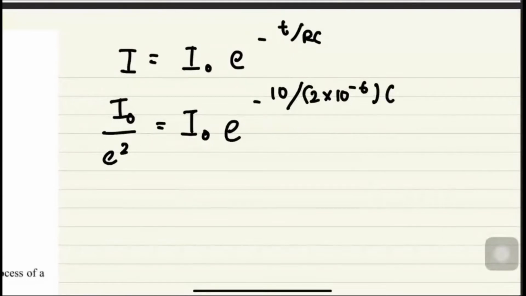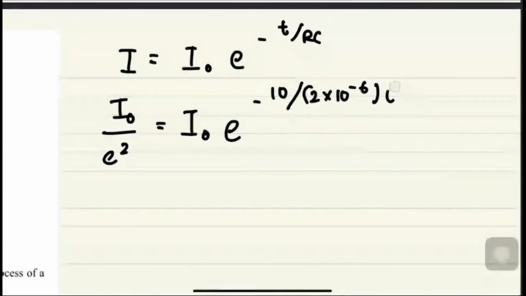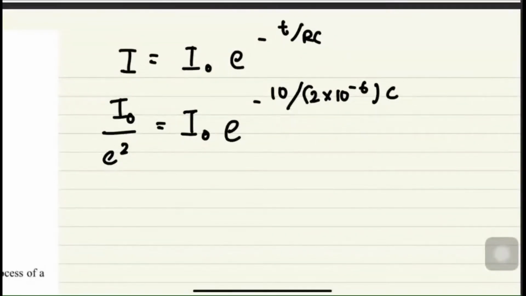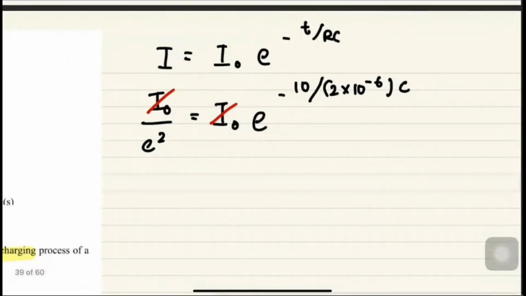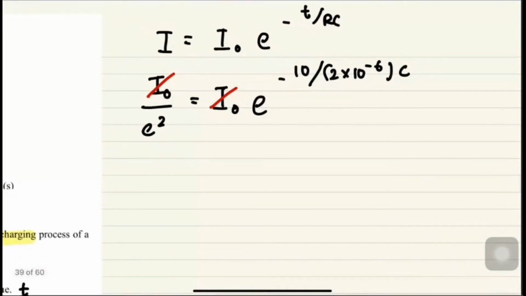From this equation itself, you can find the capacitance, but you have to do logs. Let's see, capacitance C. If I cancel out I, then I can take ln on both sides. So this becomes 1 over e squared.